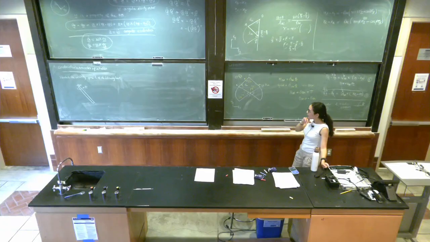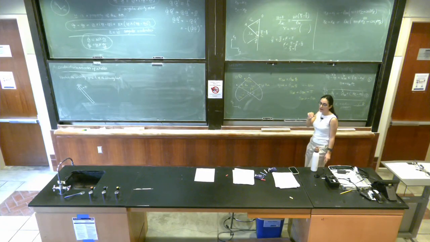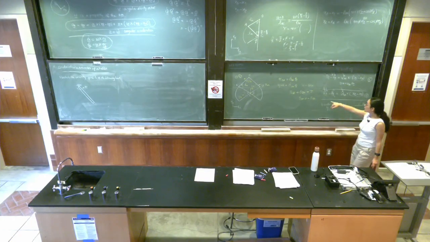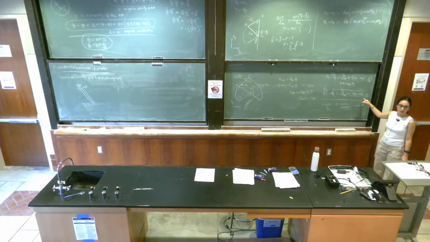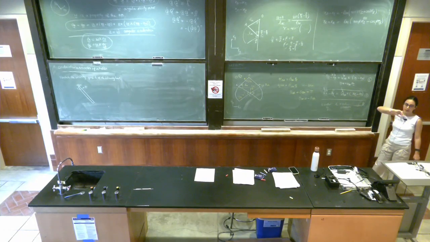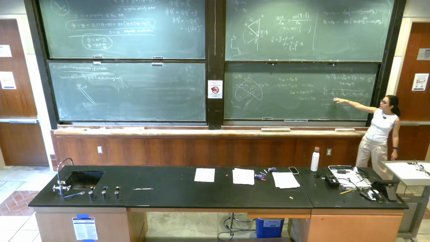Okay. What is the velocity of point A? What is the direction of VA? We have an equation for VA, right? VA minus VO is omega OA cross XA minus XO, right? VO is 0.